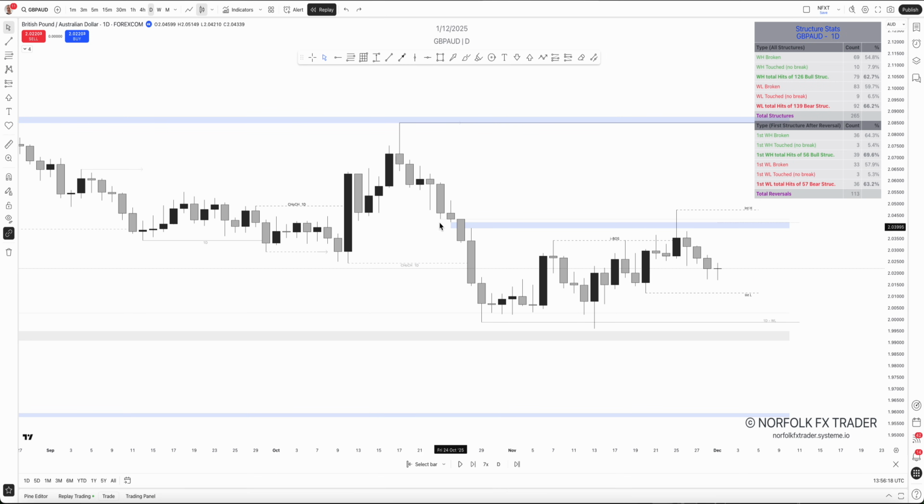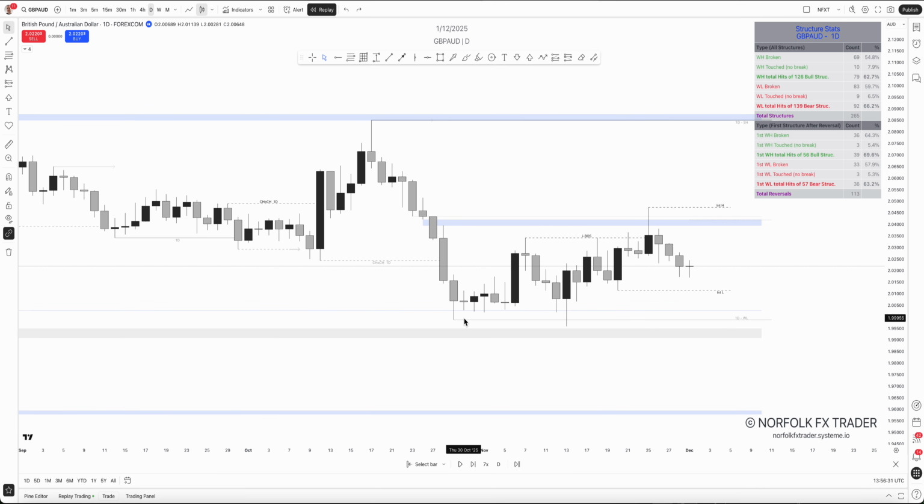So now once we have this all marked out, we're also going to have our areas of leftover imbalances. These can act as potential liquidity gaps in the market, and I'll walk you through exactly what I mean. When we see this valid weak low created, the market comes back to sweep that weak low, and that creates some liquidity being taken.